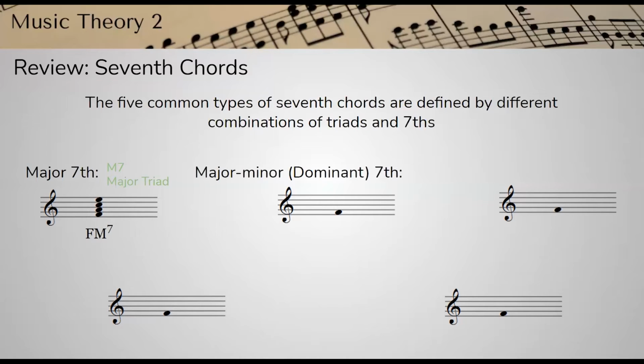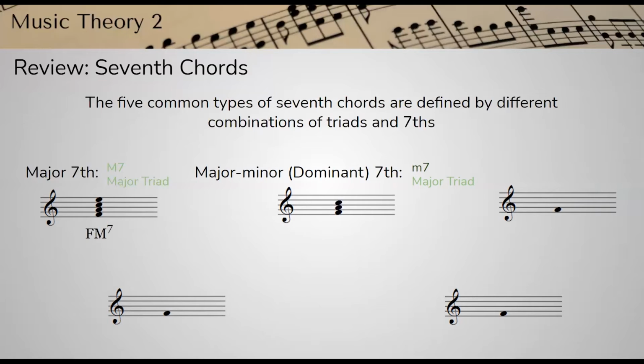Okay. The most common kind of seventh chord that we'll see is this one, the major minor seventh chord, also known as the dominant seventh chord. And it will always have a major triad on the bottom, just like the one before. But what makes it different is it has a minor seventh between the root and its seventh.